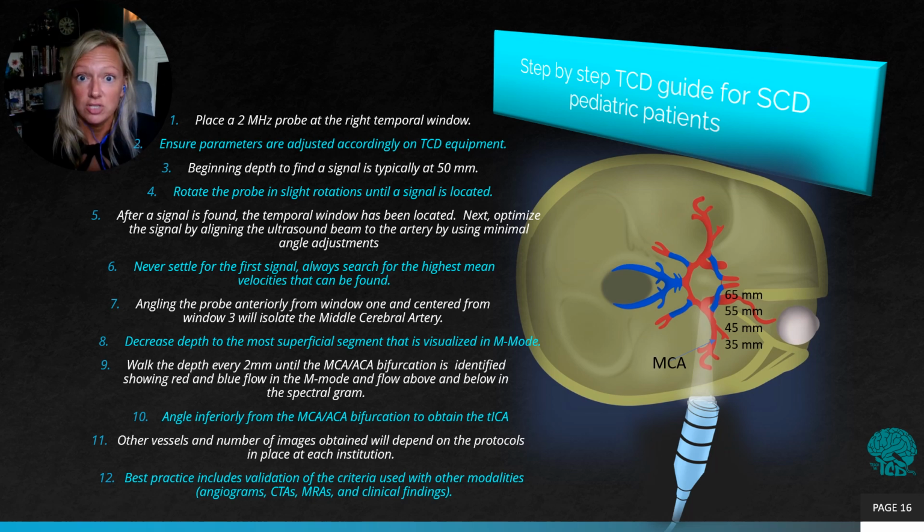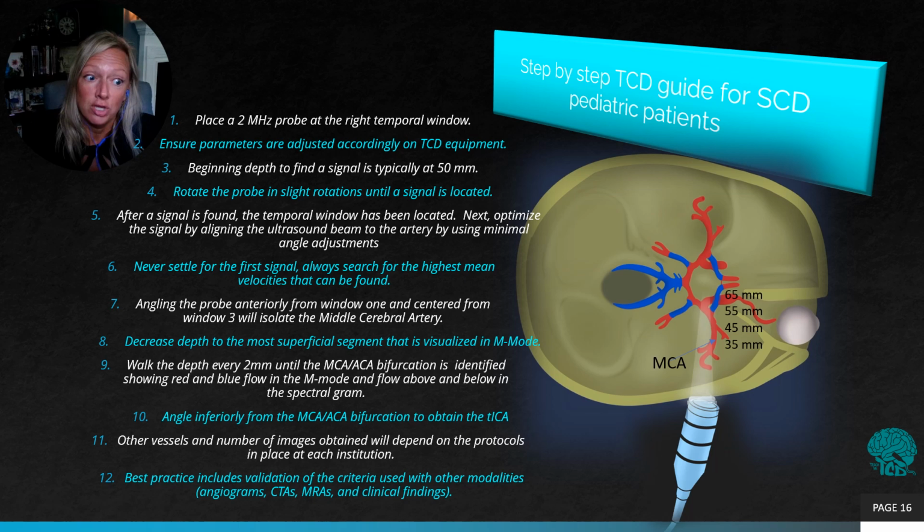With our pediatric sickle cell patients, this can commonly be taken down to about 36, 34, 32 possibly, to begin taking your pictures at that level and increasing your depth every 2 millimeters and taking pictures throughout the length of the vessel.